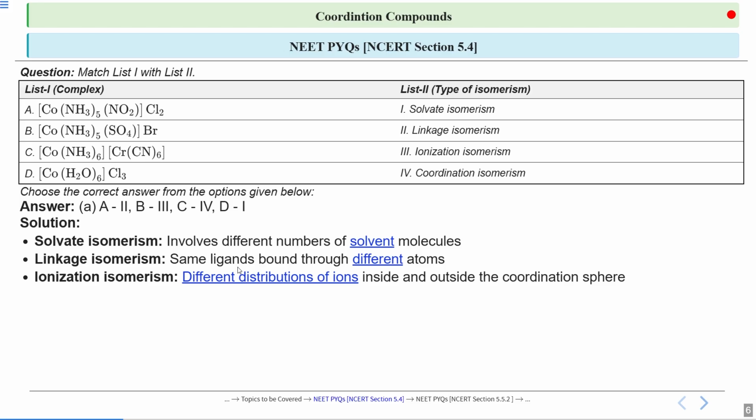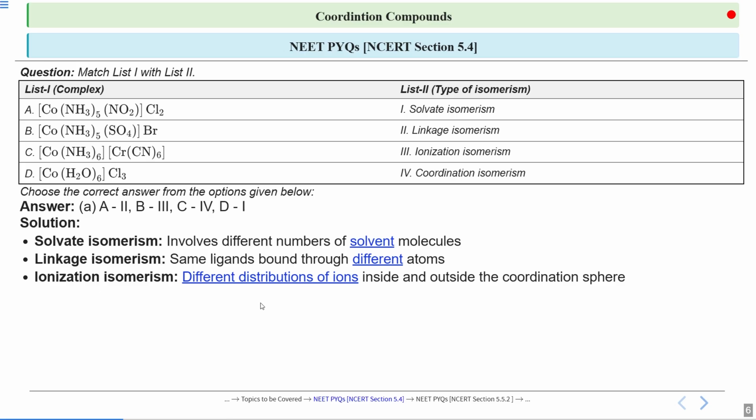Third is ionization isomerism, in which we have different distributions of ions inside and outside the coordination sphere. Coordination sphere refers to the square bracket, in which the central metal and ligands are present.